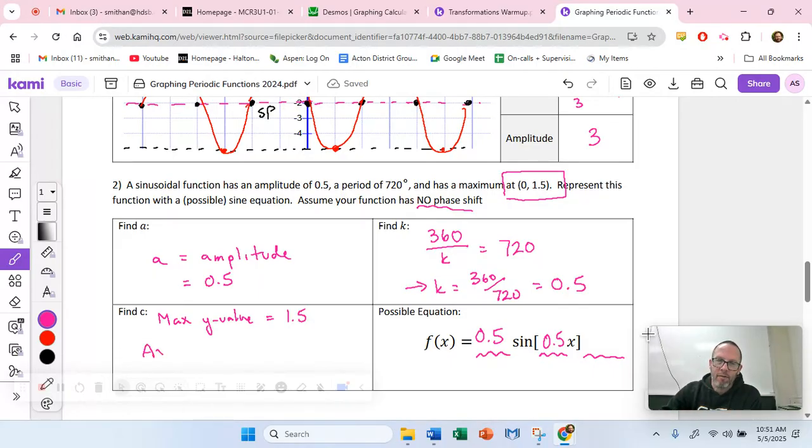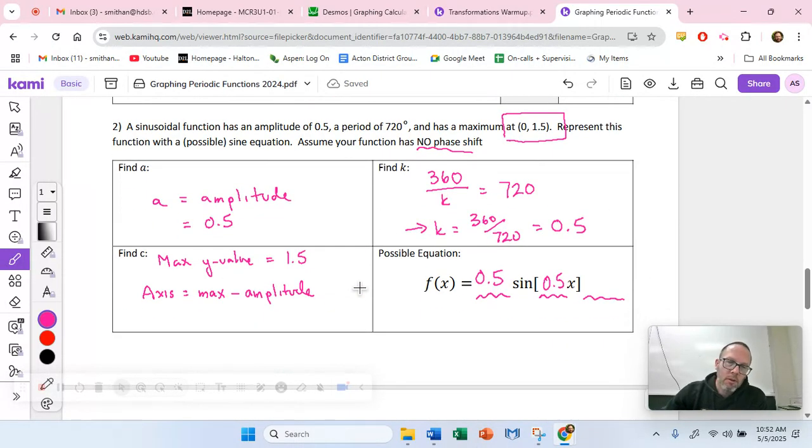To get the axis, we take our max and subtract the amplitude, which you can do with mental math: 1.5 minus 0.5. So the axis is equal to 1. We've got a little plus 1 on the end here. If we were to go back and graph that function, it would satisfy all the properties that we just talked about. So a good little exercise.